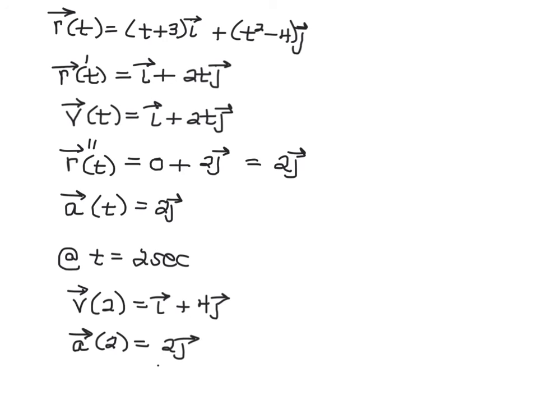And if we want to find an equation in the xy plane for this vector, well, our x component is t plus 3, and our y component is t squared minus 4. So let's write that down. x is equal to t plus 3, and y is equal to t squared minus 4. If we solve the equation above for t, we get t is equal to x minus 3.